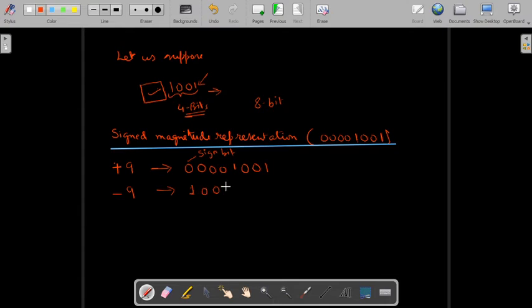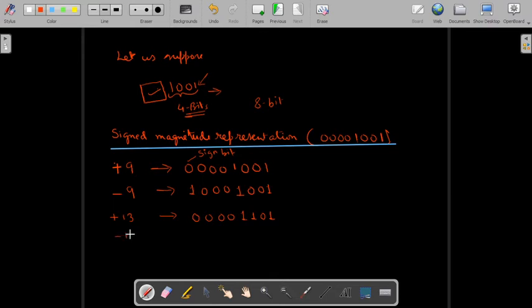The magnitude, because we are talking about magnitude, will remain the same. Similarly, in another example, if we want to represent plus 13, then plus 13 is 00001101.